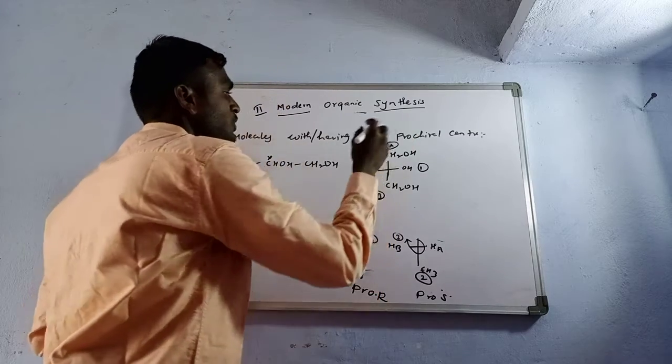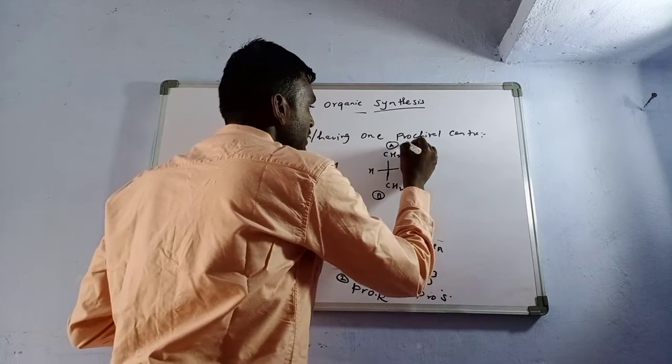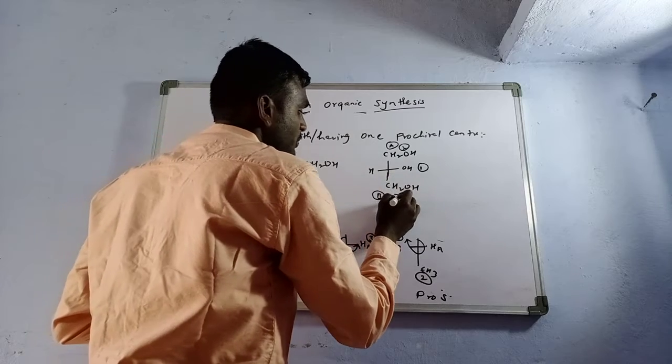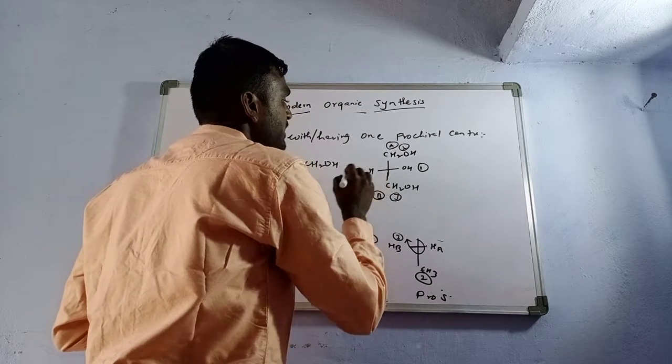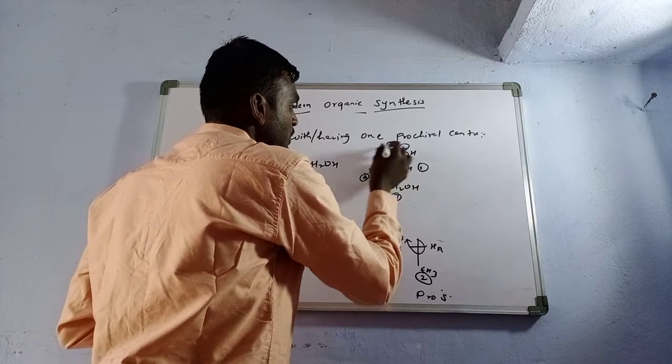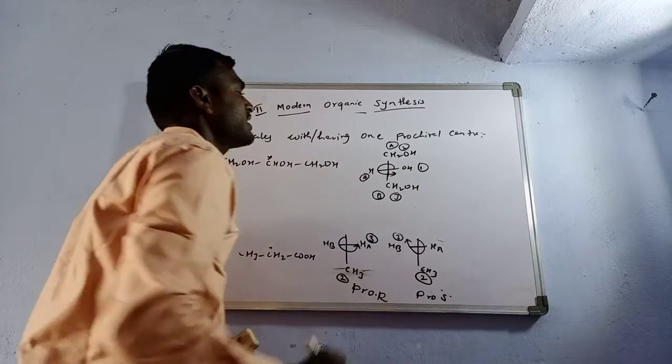Now I give the second priority to this A group, then this will be the third priority, and this is the fourth priority, right? So it will be 1, 2, 3, that means anti-clockwise direction.